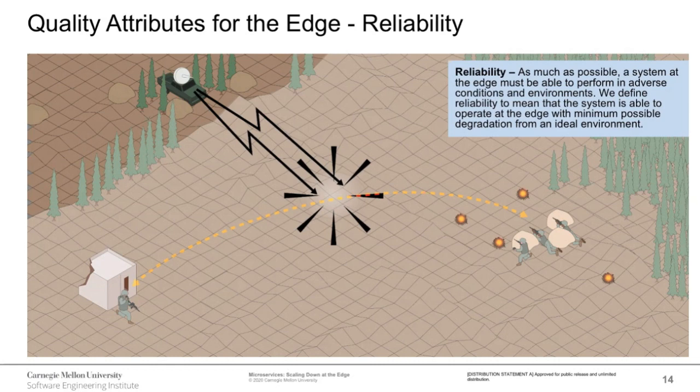Really simple, easy reliability scenario. In practice, you may or may not be able to overcome the jam. And there's a range of outcomes, such as you might have reduced bandwidth or intermittent connections. A reliable system, therefore, would be architected to adapt as well as possible to known jamming attacks in this case. And then you can extrapolate that to other edge challenges.